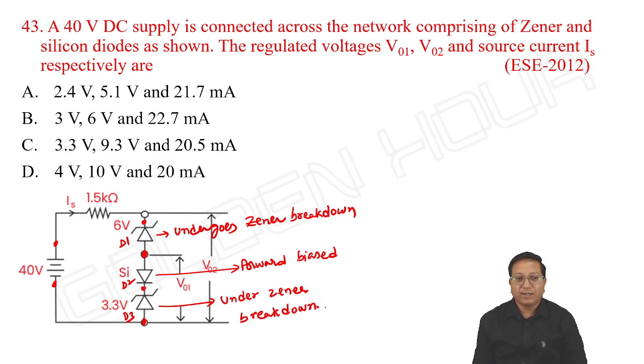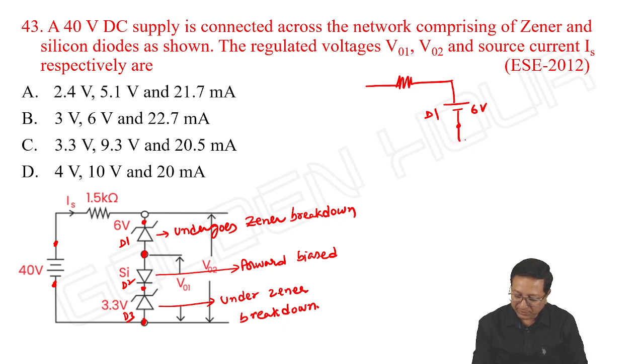Okay. Now, what is the equivalent circuit of each of these diodes? See this. Cathode to anode, I am writing a voltage source of value 6 volts as far as D1 is concerned. And D2, simply a voltage source of value V gamma equal to 0.7.